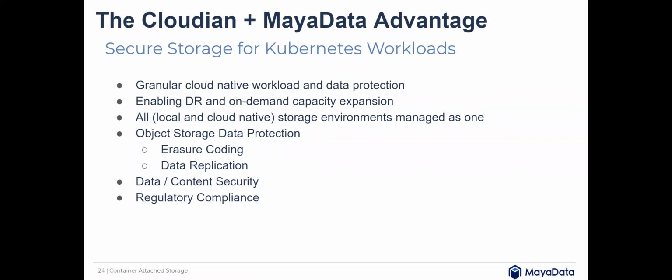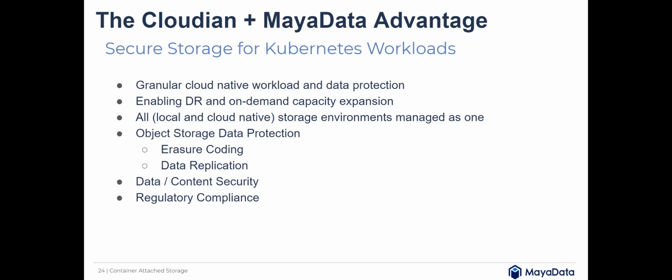So before diving into the use cases, again I want to highlight the value of the Cloudian and MayaData partnership. Granular cloud native workload and data protection is increasingly becoming more important, as is enabling DR and on-demand capacity expansion from a cost point of view, both in storage in production and backups.